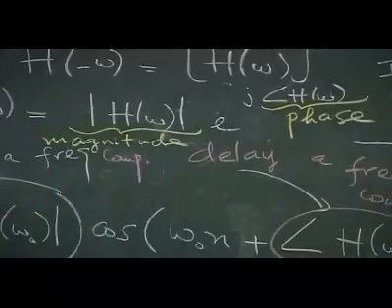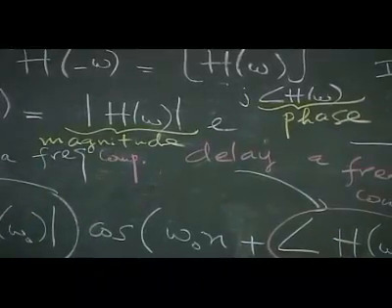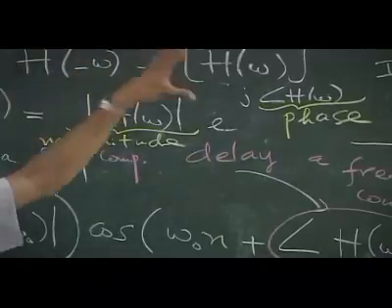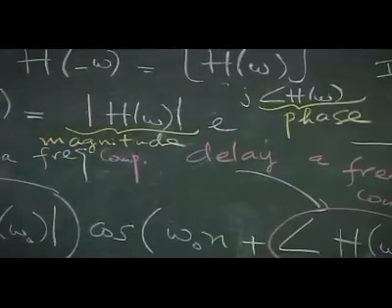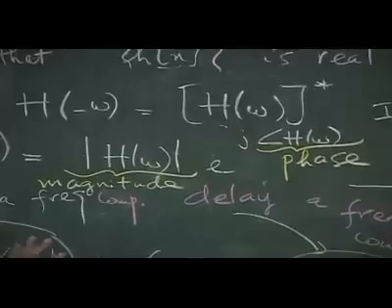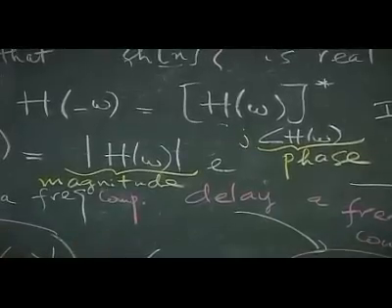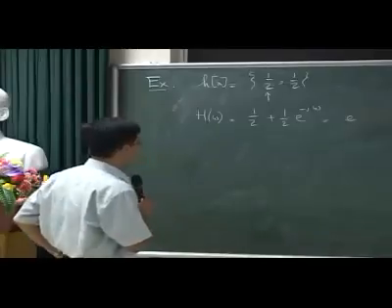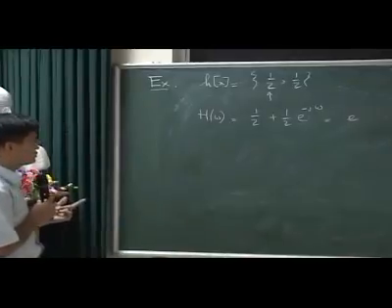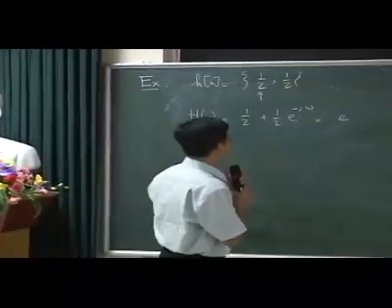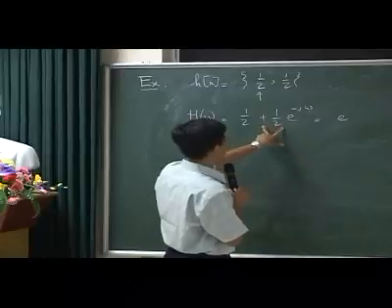When we talk about a filter, we're not just talking about this, we talk about the magnitude and the phase of that filter. The trick is to make them in that form.